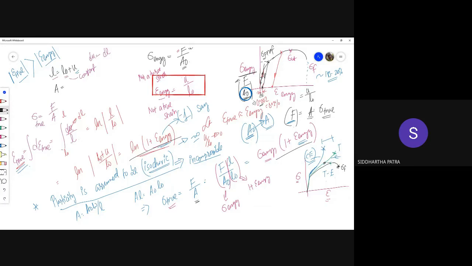So what we should be doing is taking a small but finite value of strain on the x-axis, drawing a line parallel to the elastic part of the curve, and marking the intersection on the actual stress strain diagram. That small yet finite value that we typically take is 0.002.